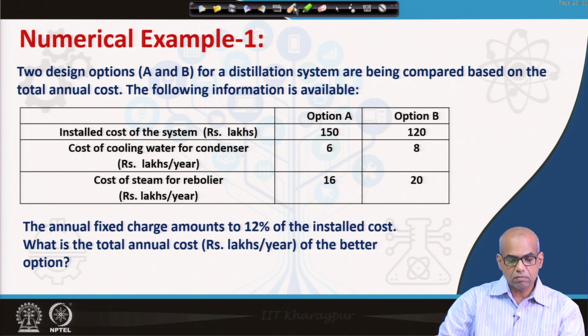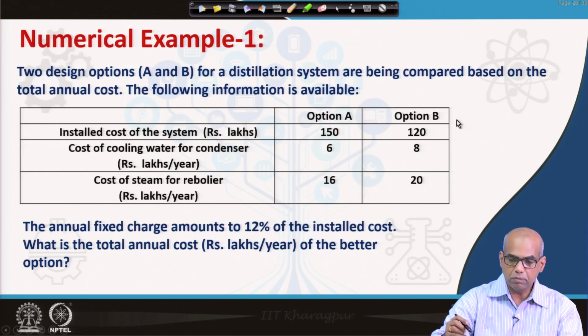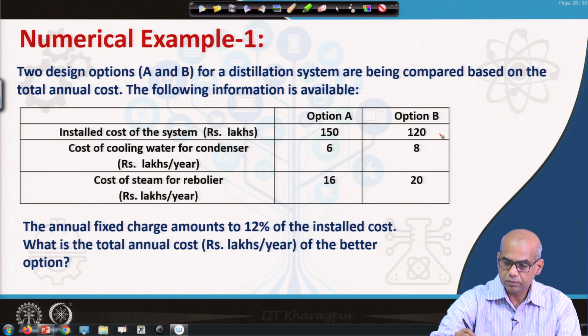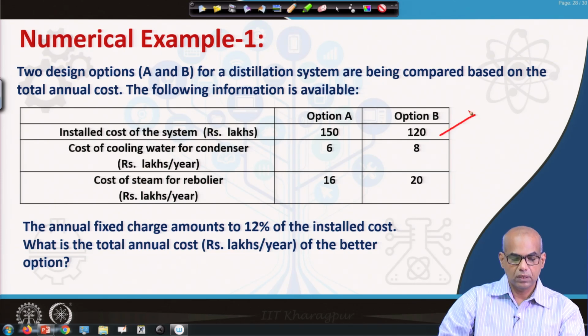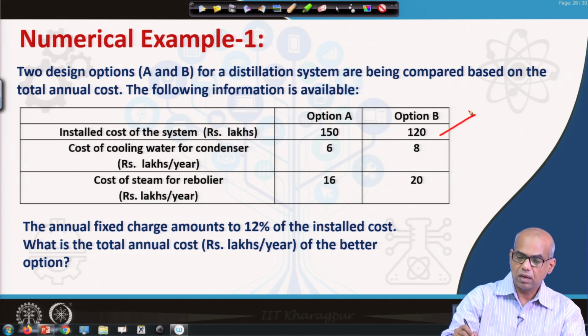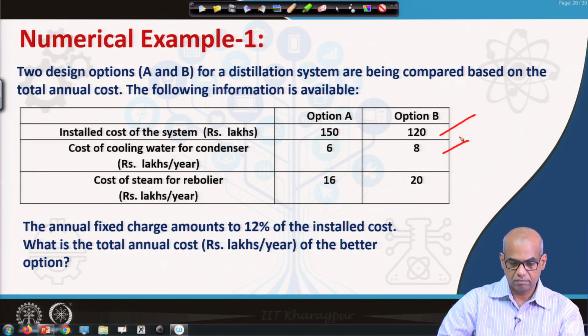Installed cost of the system is 150 lakh for option A and 120 lakh for option B. Cost of cooling water for condenser in lakhs per year for option A is 6 and for option B is 8.